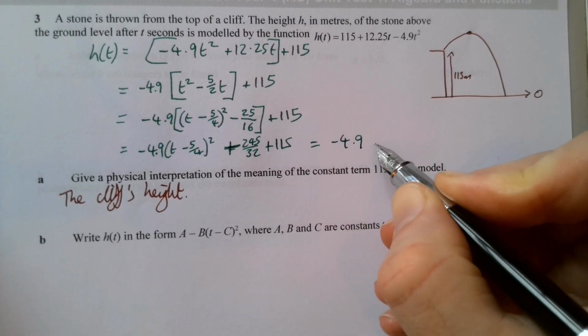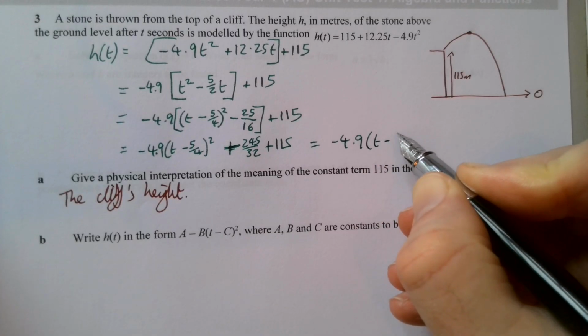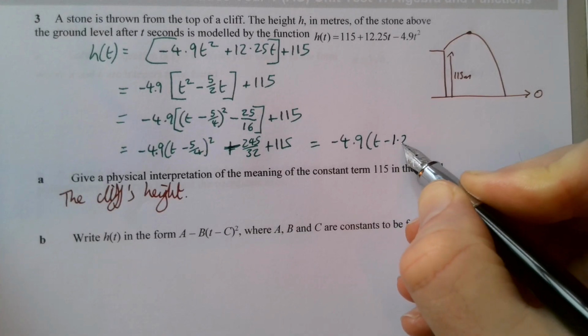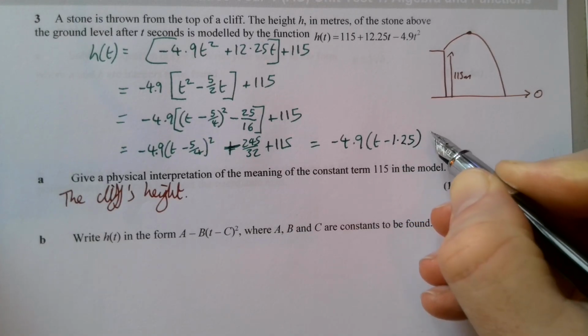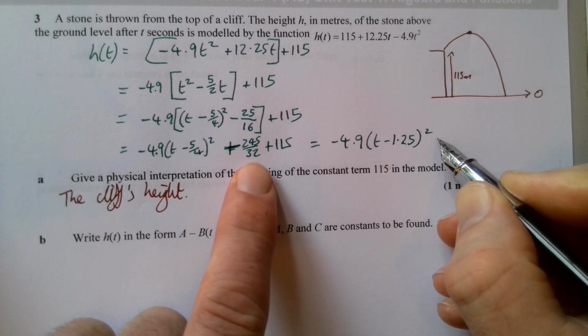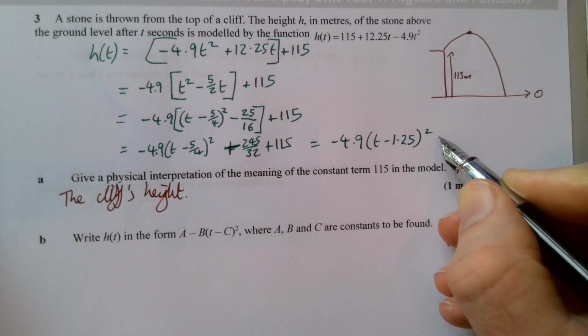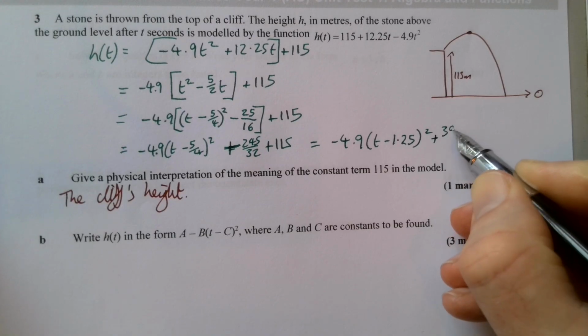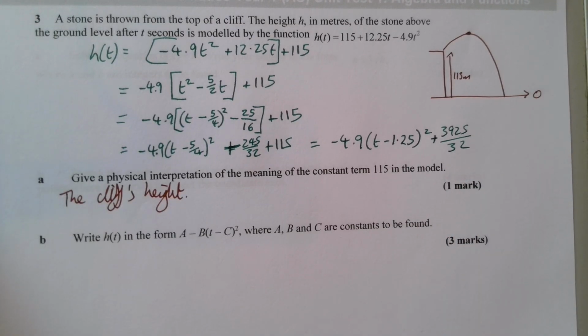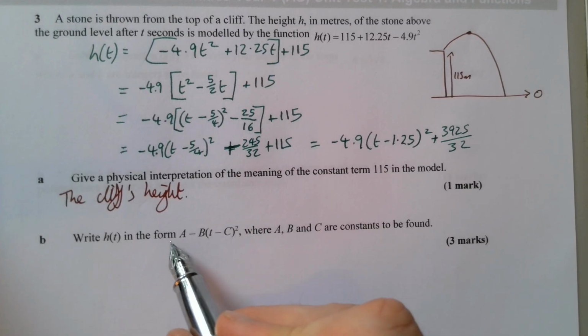Negative 4.9 times t minus 5 over 4. At this point, maybe put that back into a decimal. 1.25 squared. When you add those two together, you get 3,925 over 32. And they don't mind how you show that, but at the end we need to put it in this form.